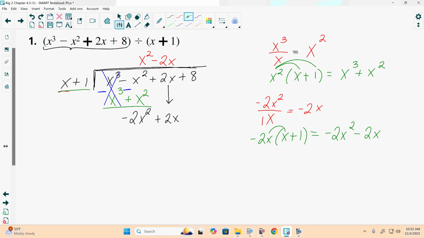So what we have is negative 2x squared minus 2x. And we put it under its like terms. And again, we're going to subtract these here. Questions on this so far? Questions on anything we've done so far?